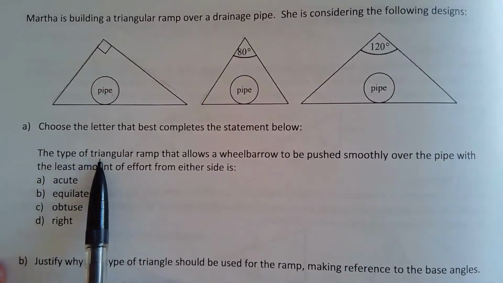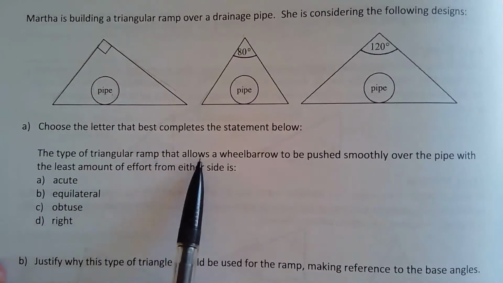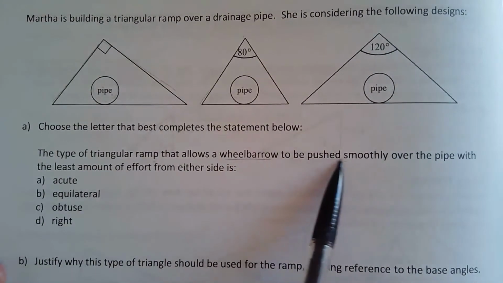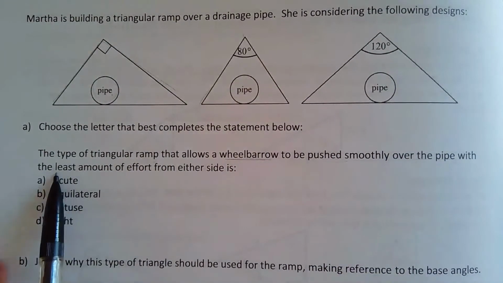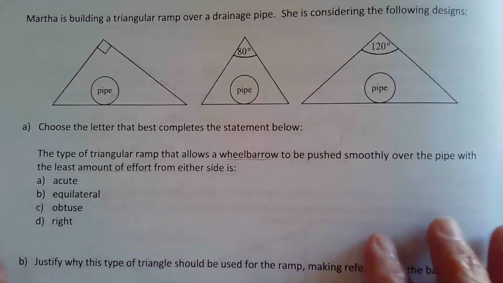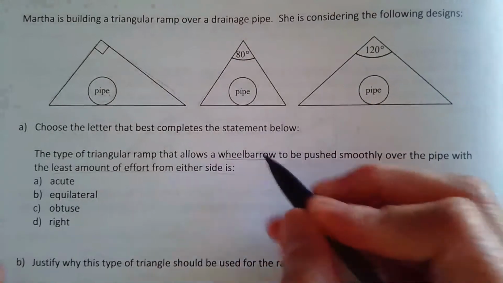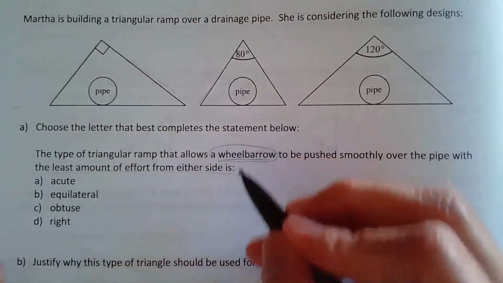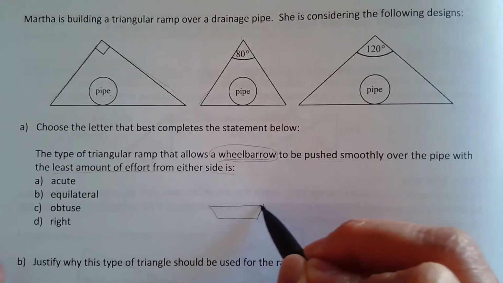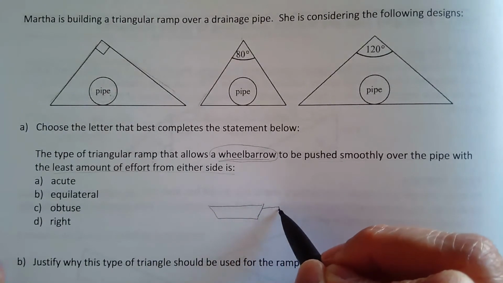The type of triangular ramp allows the wheelbarrow to be pushed smoothly over the pipe with the least amount of effort on either side. Okay, so you want the wheelbarrow. Well, what is a wheelbarrow? This is just basically a cart that has a handle.